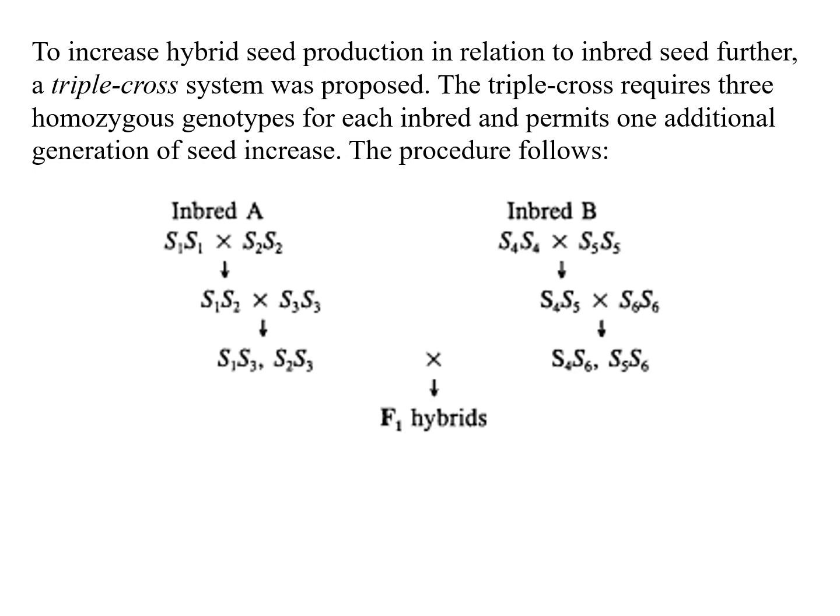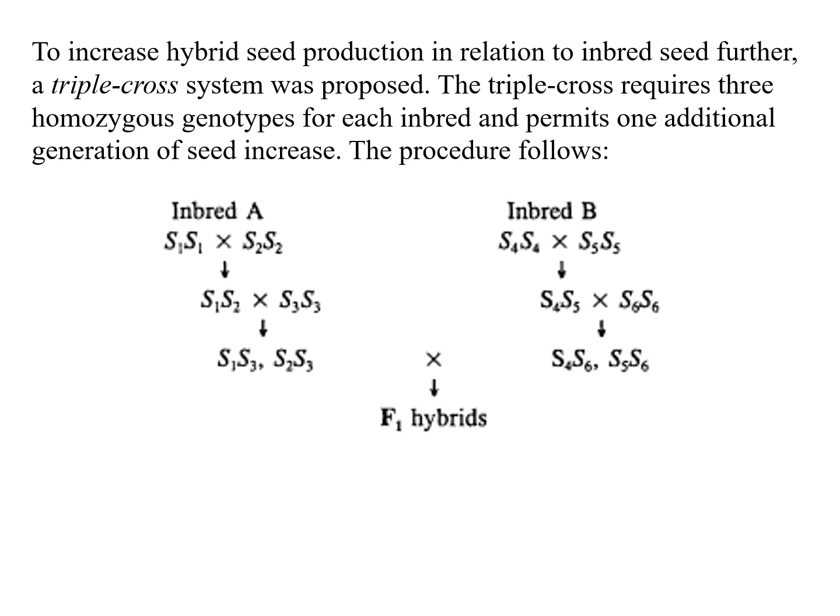Then the single hybrid produced, S1S2, will be crossed with S3S3 and results in two types of hybrids, S1S3 and S2S3. On the other side, we will have S4S4 by S5S5, which produces S4S5.